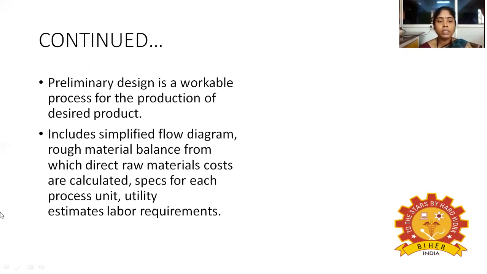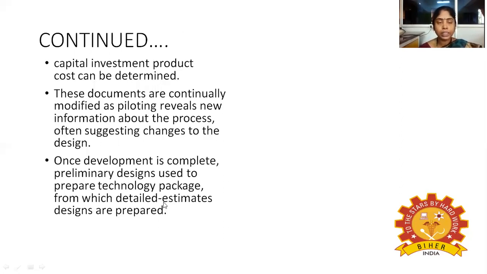This includes a simplified flow diagram, which means a simple form of diagram that has to be represented, like a quick estimation from the collection of data from the feasibility survey, which includes your raw material cost and specification of any process unit that we are utilizing for the product formation, and the laboratory requirements and labor requirements, electricity, piping, valving, everything that has to be taken into consideration.